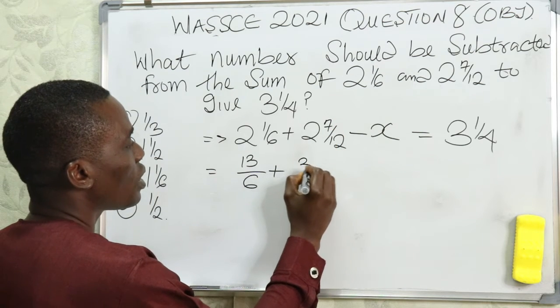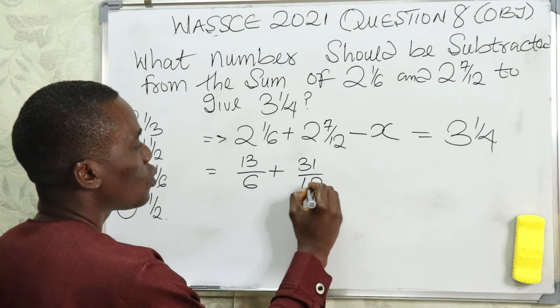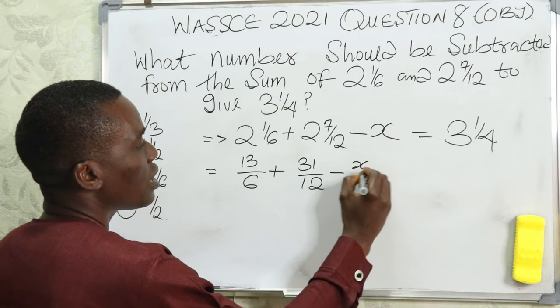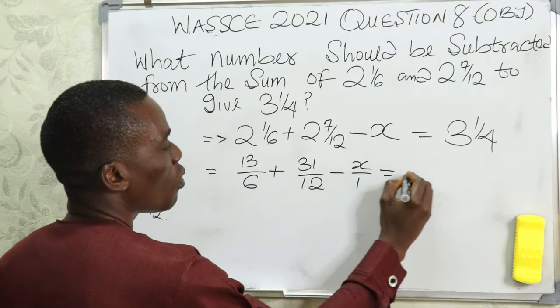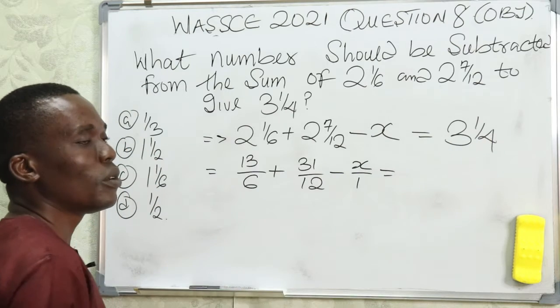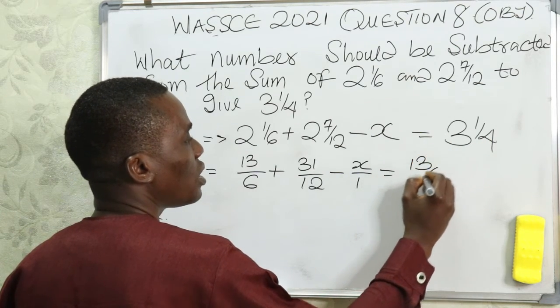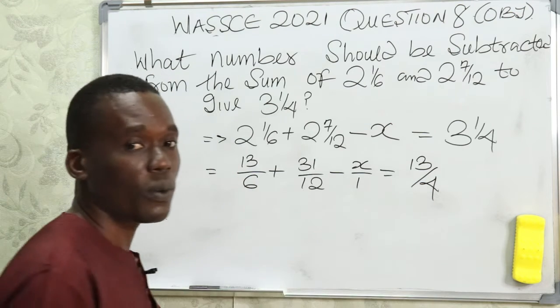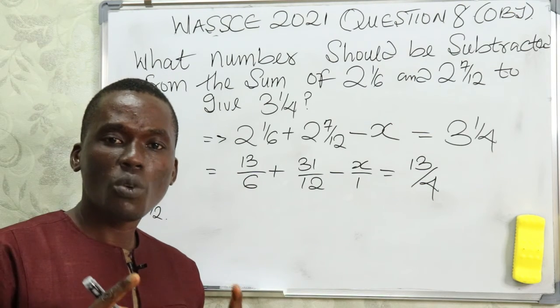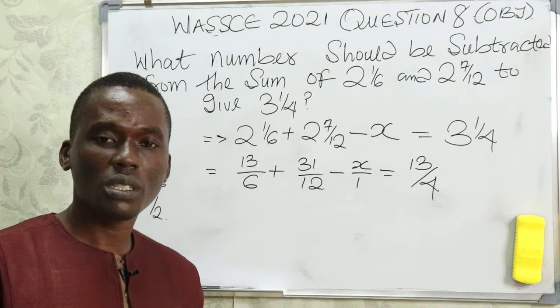So that will give you 31 over 12 minus x divided by 1 equal to 3 times 4 will give us 12, 12 plus 1 will give us 13 over 4.